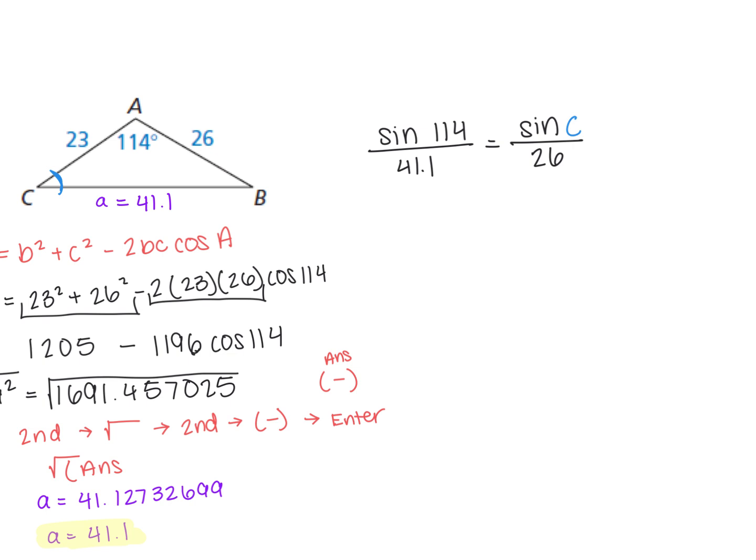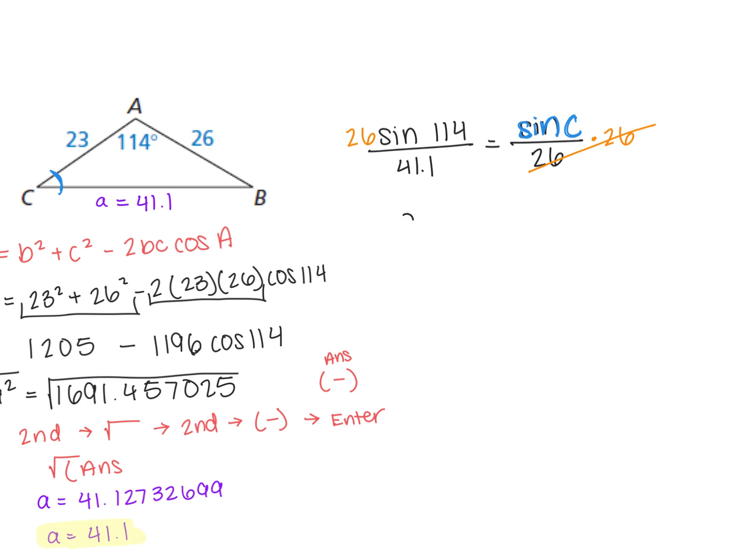How do I solve for sine C? How do I get sine C by itself? I have to multiply both sides by 26. And then I have an angle. I'm solving for an angle. So what do I have to do when solving for an angle? Good, I have to go ahead and use the inverse.